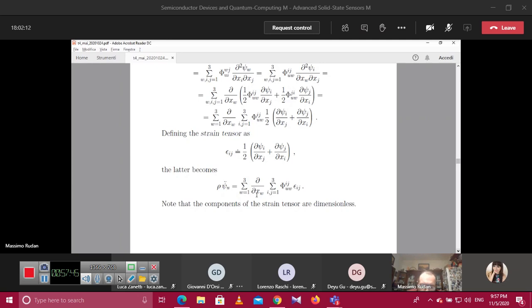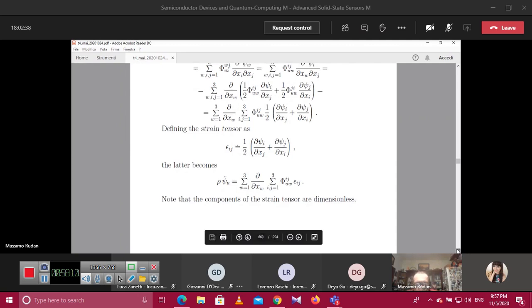Phi over a length, which means that phi by itself is a force over an area. So phi, the fourth rank tensor, is a force per unit area, and this quantity is also called, in this context, a stress. Okay? Conclusion.